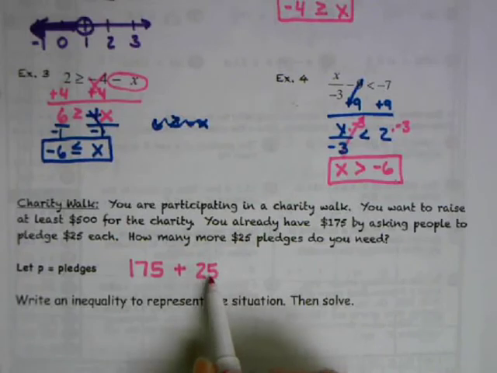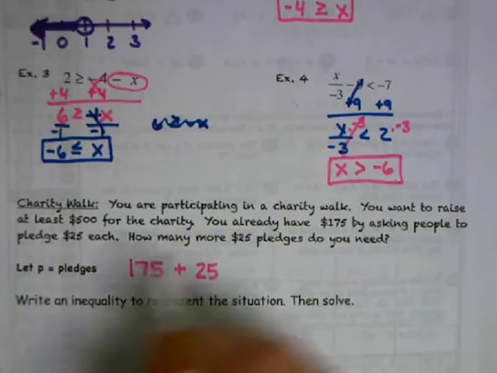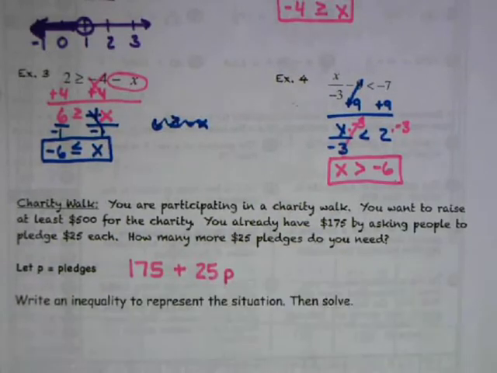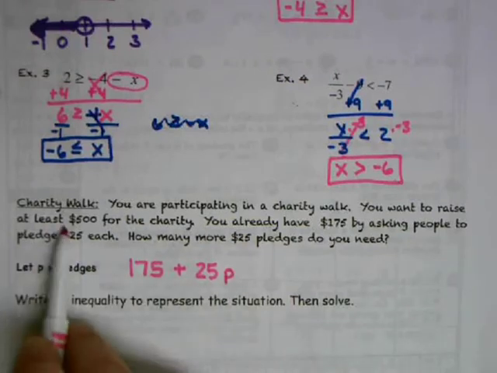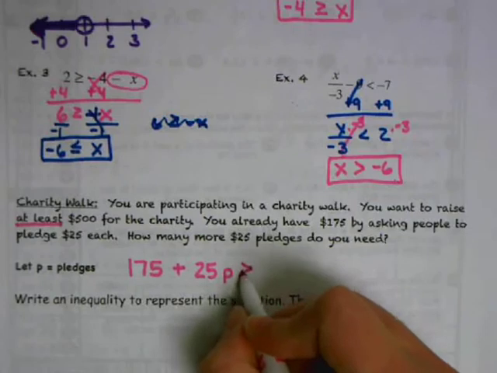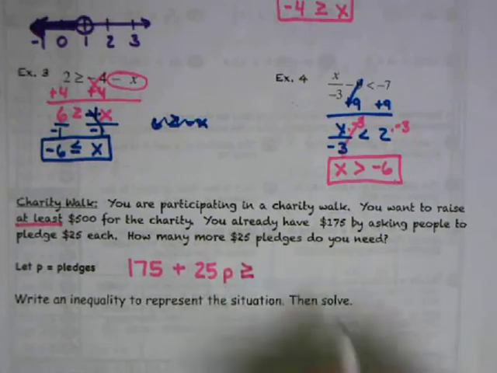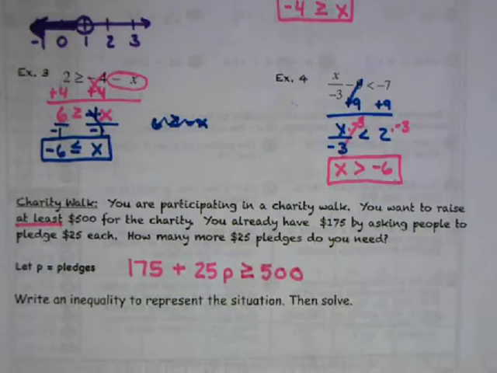It's going to be 25 times P. That's our number of pledges, our people that are pledging. So 25 times P. And that money has to be at least $500. At least means it could be bigger, but it has to at least be equal to $500. Greater than or equal to.